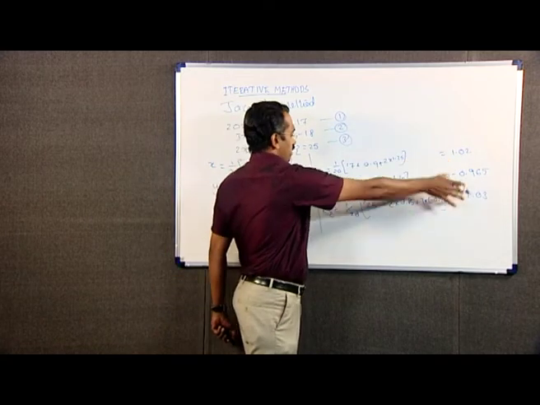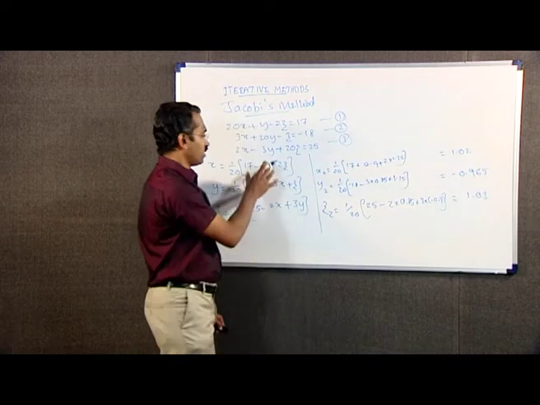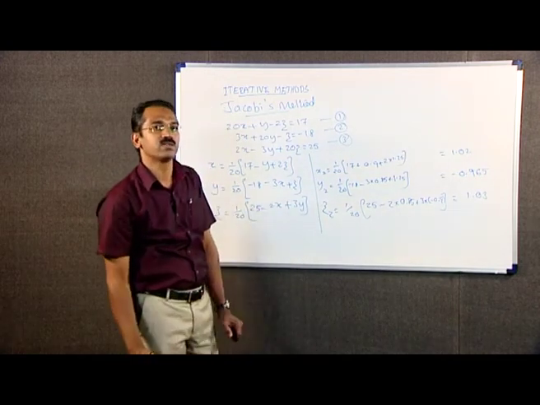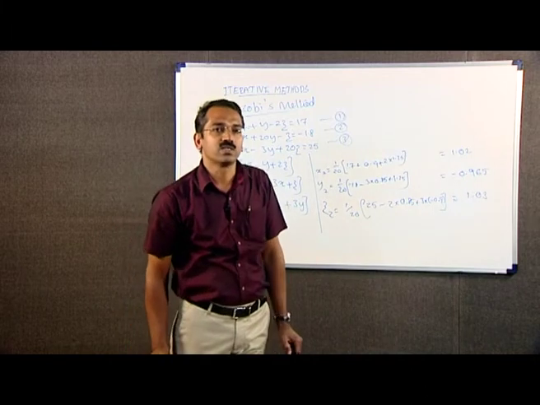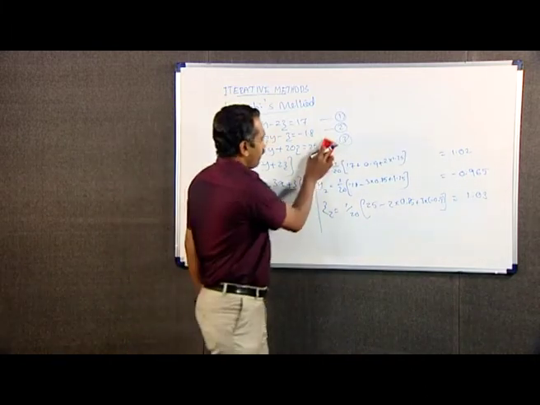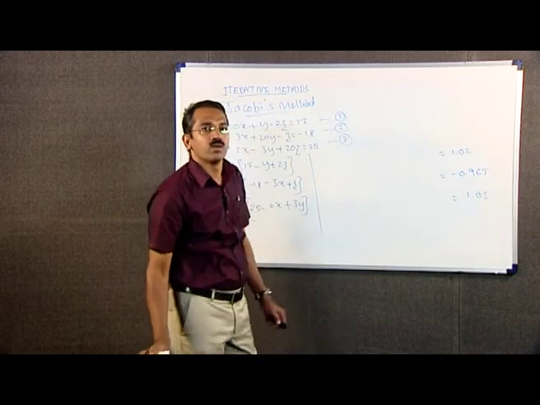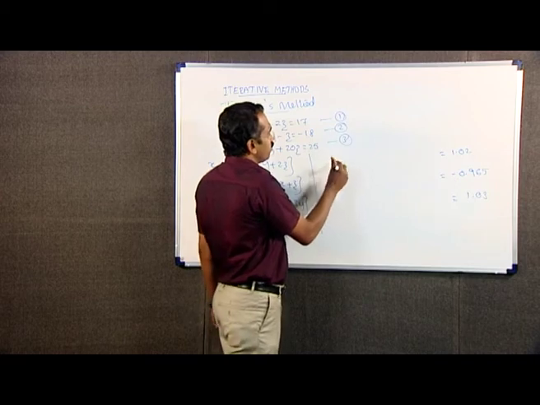Substituting these values of x2, y2 and z2 in this expression, we will get the third approximations as x3 is equal to 1.00125.